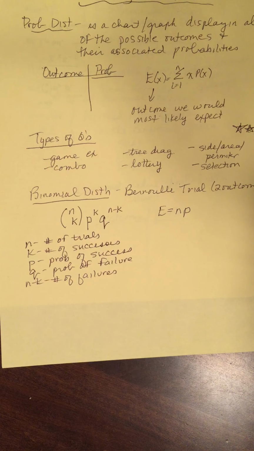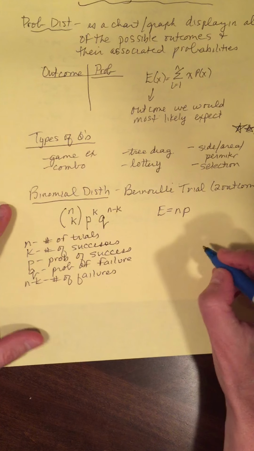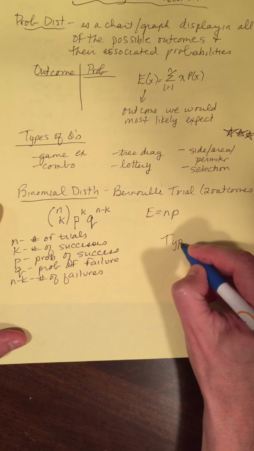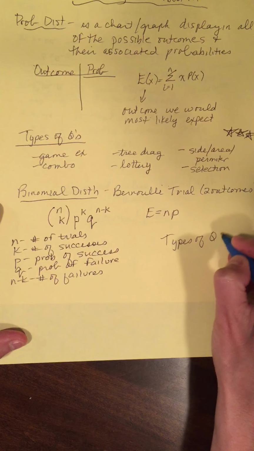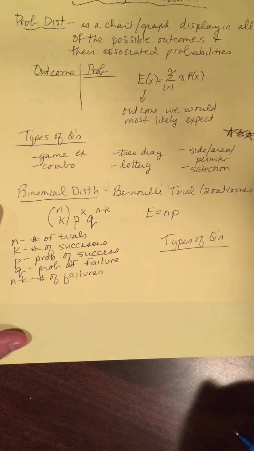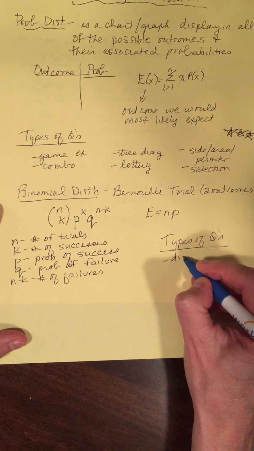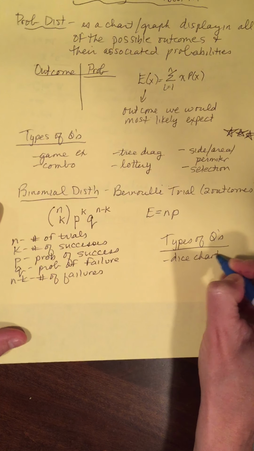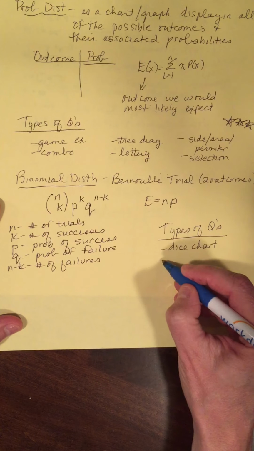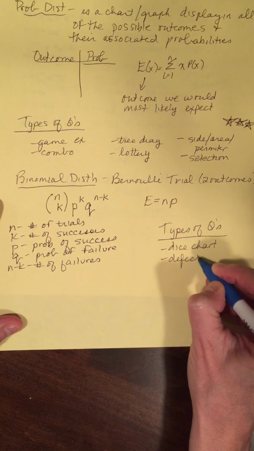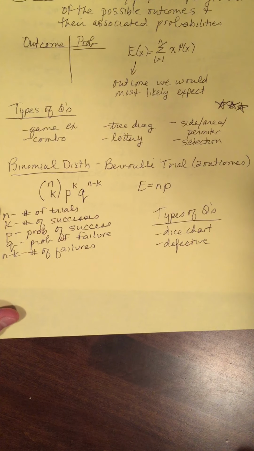Okay? Now, there's a series of questions that go with Bernoulli as well. Dice chart. Okay, we used the dice chart. Defective products. I think we did a couple of those.